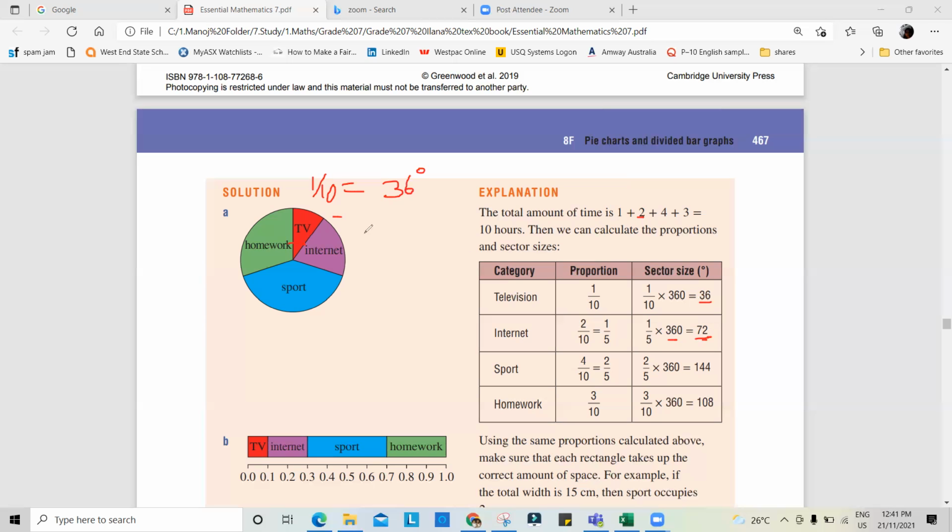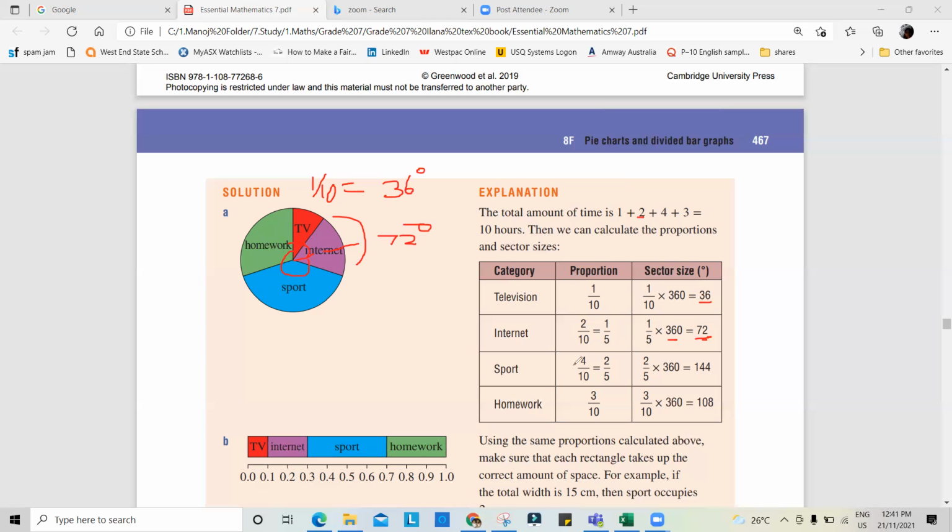Then from here to here, if you measure, it is 72 degrees. Or either you make it into 2 pieces, because you are making 10 pieces of this circle. Then 2 belongs to this internet.